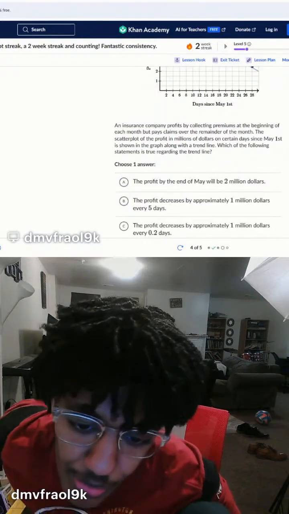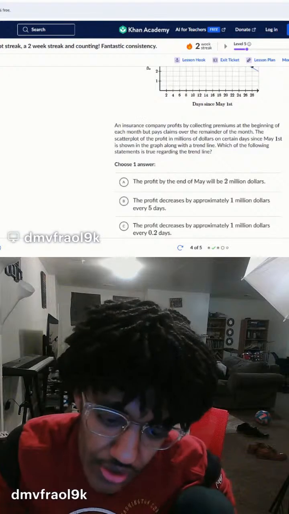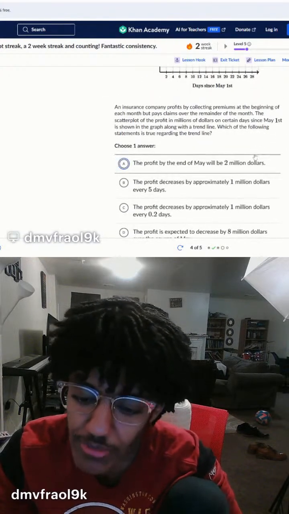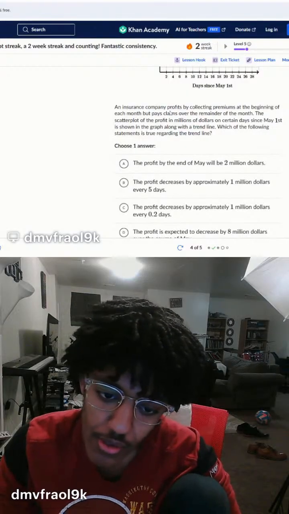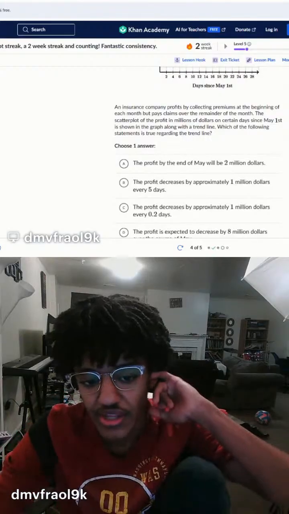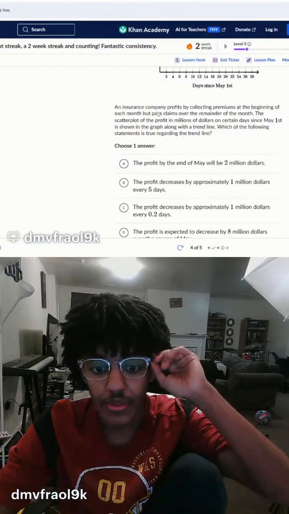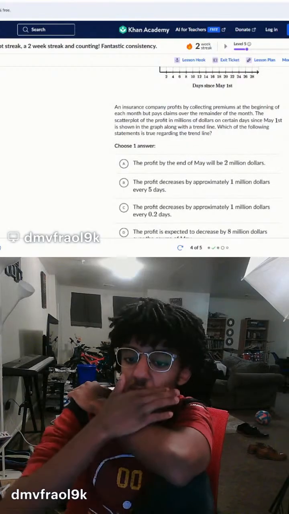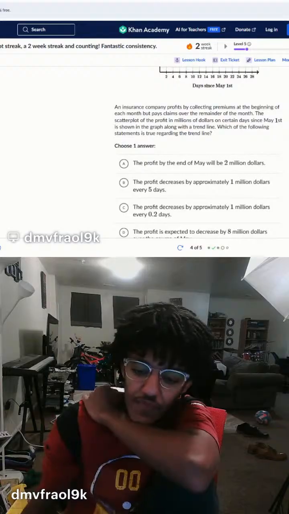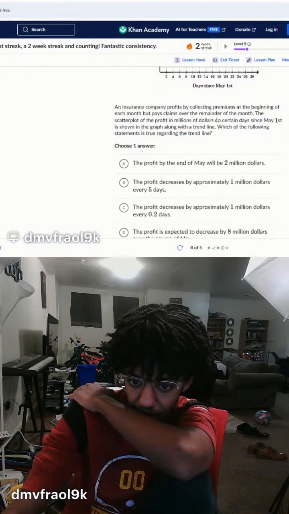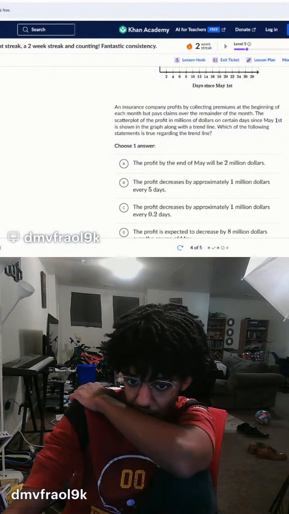An insurance company profits by collecting premiums at the beginning of each month, but pays claims over the remainder of the month. The scatter plot of the profit in millions of dollars on certain days since May 1st is shown in the graph along with a trend line.